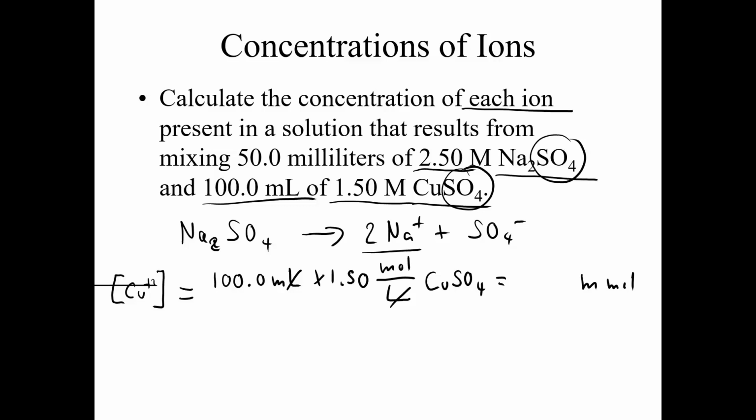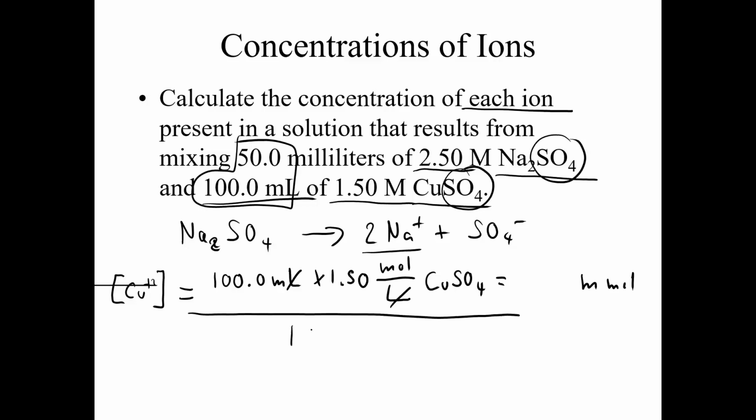But if I take this all the way to the end, back to concentration or molarity, this gives me the number of millimoles, right? I have to divide by the total volume of solution. And the total volume of solution is, of course, both the 50 and the 100 together.